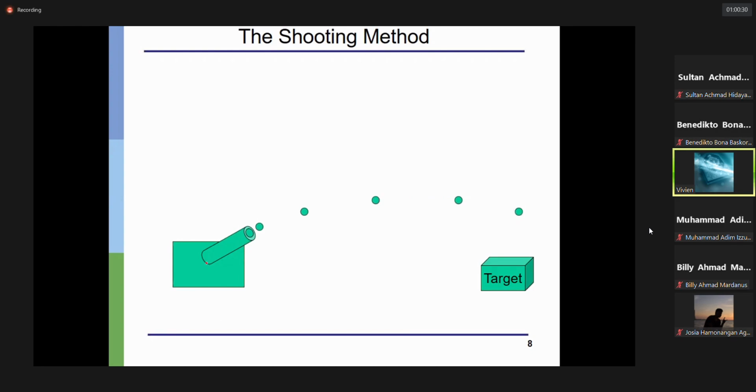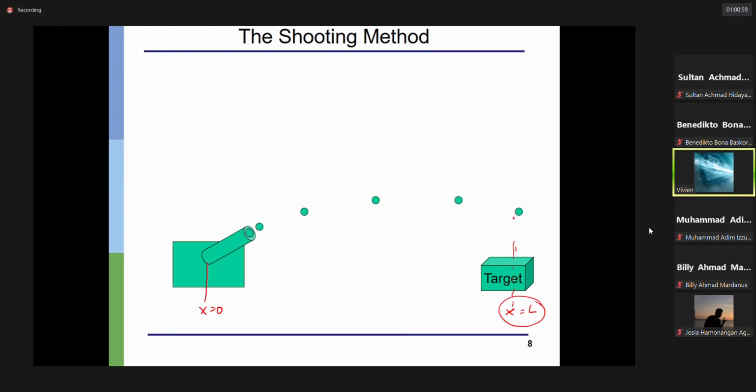For example, we have the value at x equals 0, and then we have the target at x equals L. When we do marching, you can use any Runge-Kutta method that we have learned before, for example Euler's method, the midpoint method, or Heun's method. Then we can find the value at x equals L.